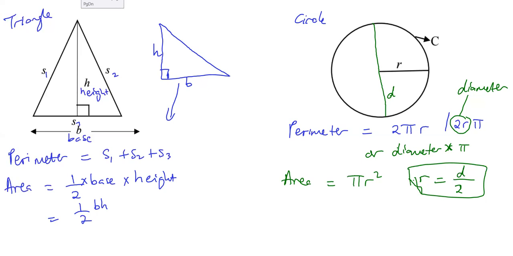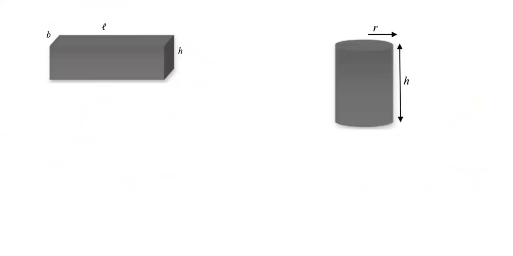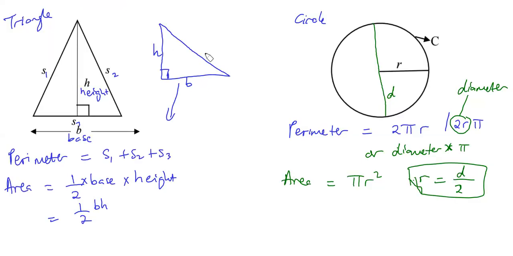Let's look at the second slide here. Let's look at the volume. But before, I just want to give you an example here. Let's say this is 3 centimeters, then this is 7 centimeters. What is going to be our area here?